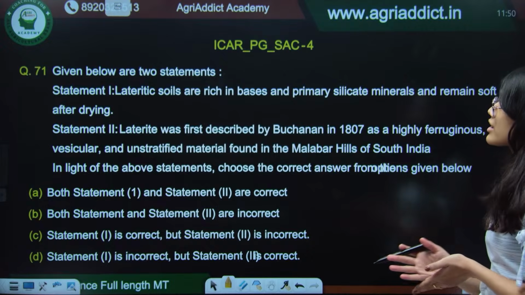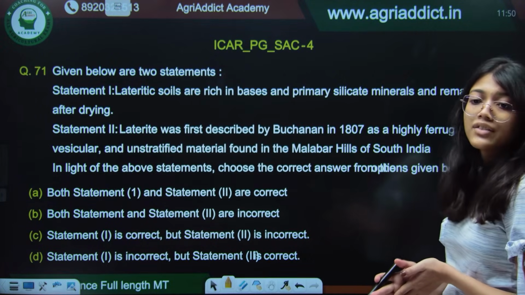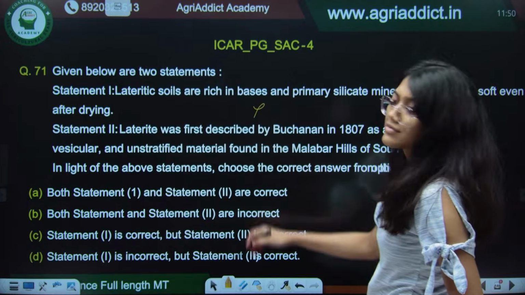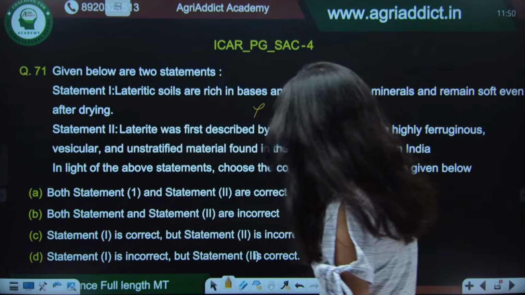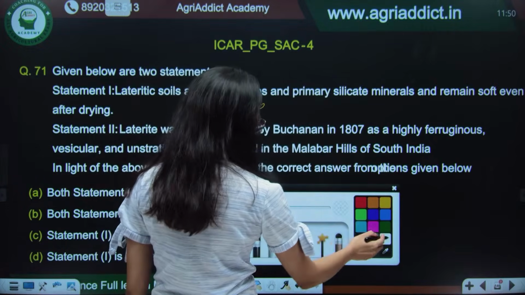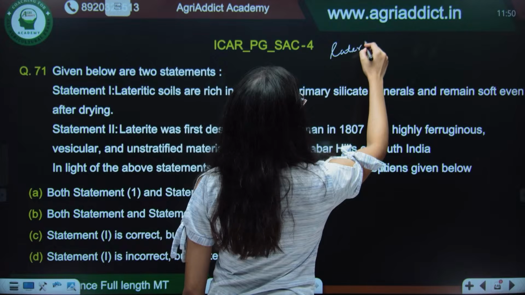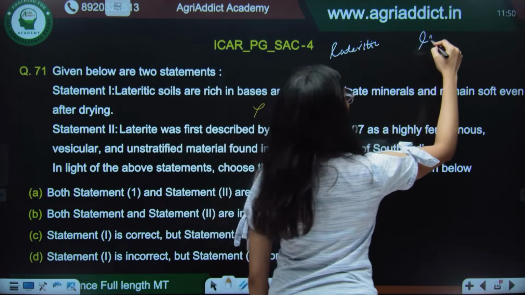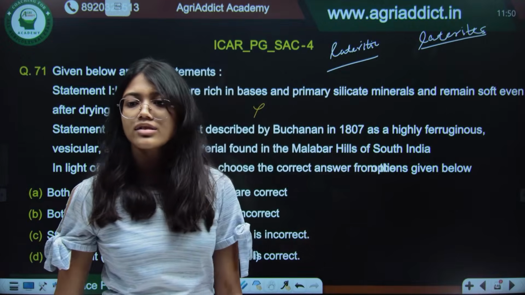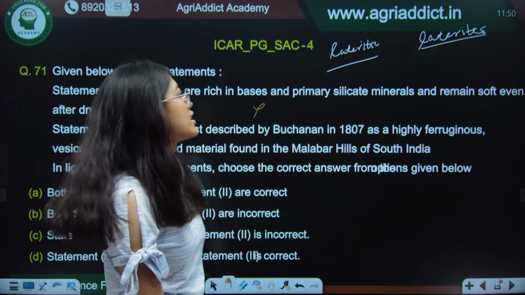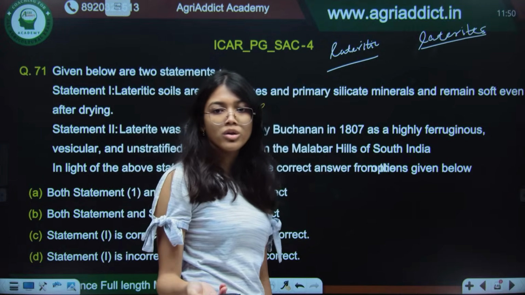Now, lateritic soils are rich in bases and primary silicate minerals and remain soft even after drying. Lateritic soils will become very hard after drying. So, from here another concept comes, that what is the difference between lateritic soils and laterites. For the lateritic soil, the base saturation percentage will be low or high.